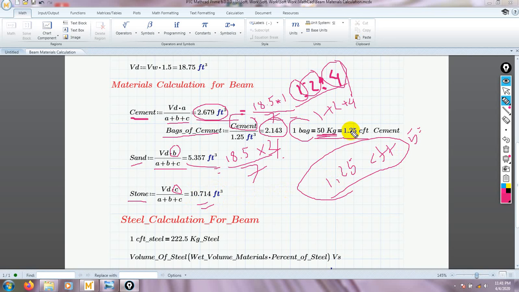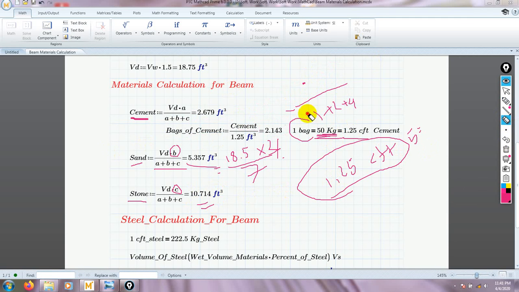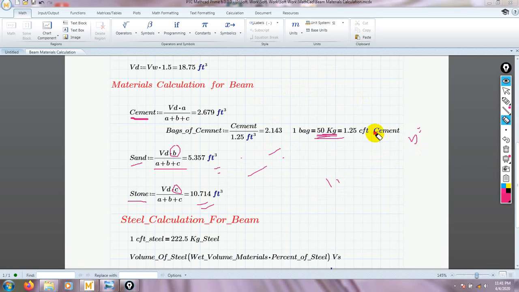Now we'll calculate for steel materials. At first I have input a value, and the percentage of steel was 1.5%.